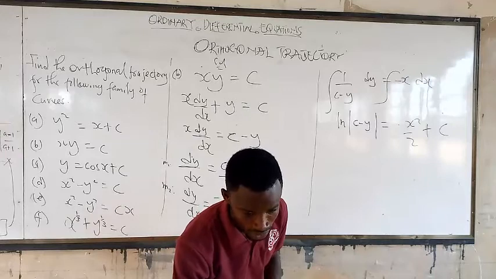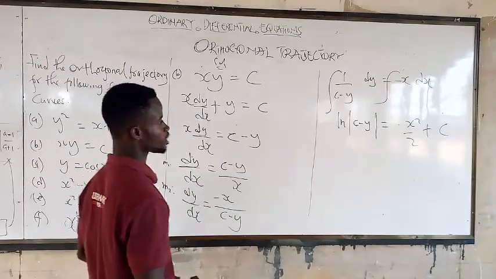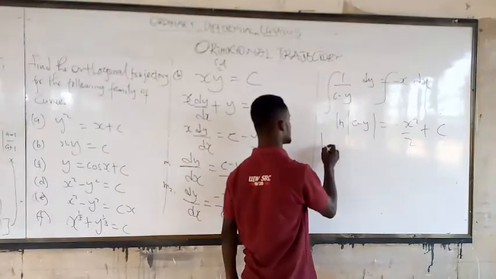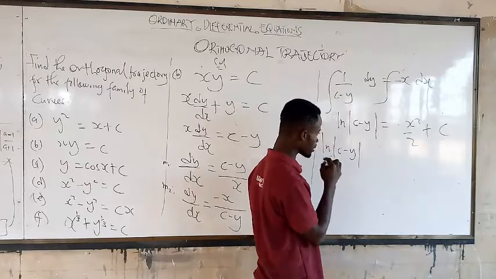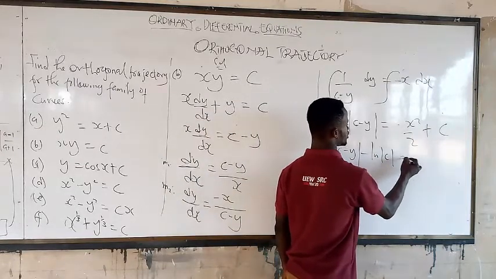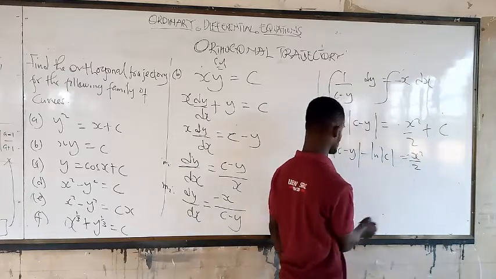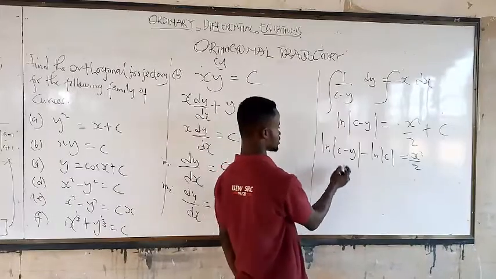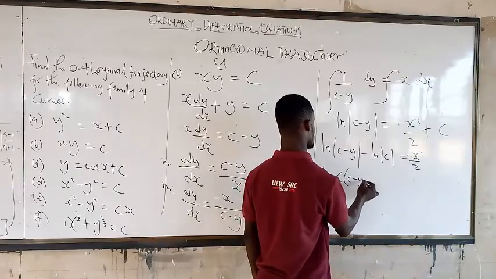You can leave it as such, or you can continue to manipulate it by saying that c minus y, then this one will come to this side. So c is equal to negative x squared over 2. Then here we get c minus 1.